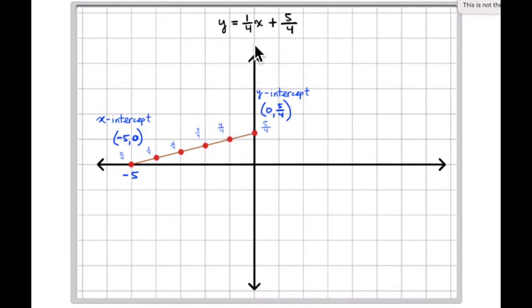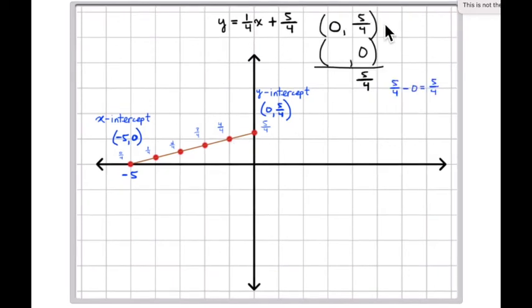If you multiply 1/4 times a -2, so let's go 2 units, that's a -2/4. 5/4 plus a -2/4 is 3/4. 5 minus 2 is 3. So that's the 3/4 right here. If you go -3 units, a -3 times 1/4 is a -3/4. 5 minus 3 is 2/4. So this is at 2/4. So it's making sense using the equation, and it's making sense just moving -1, -1/4, and so on.